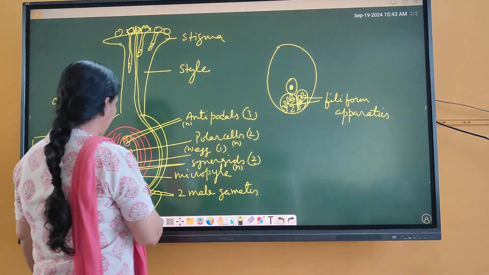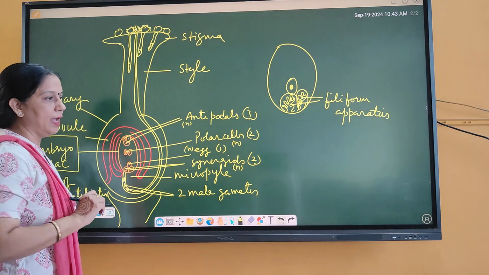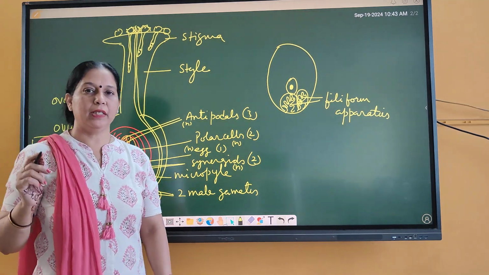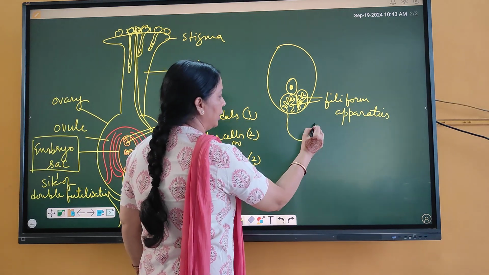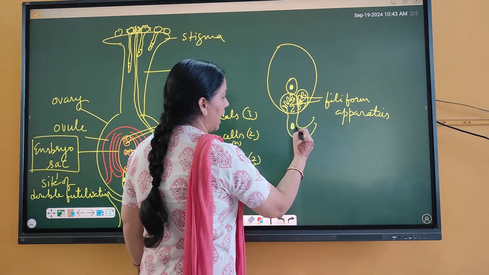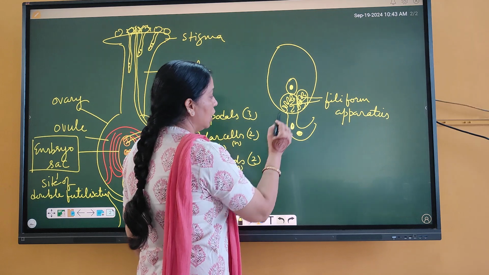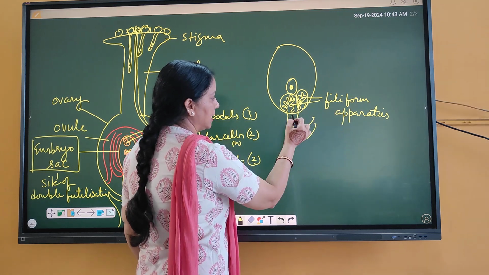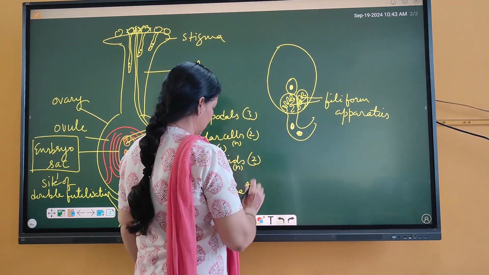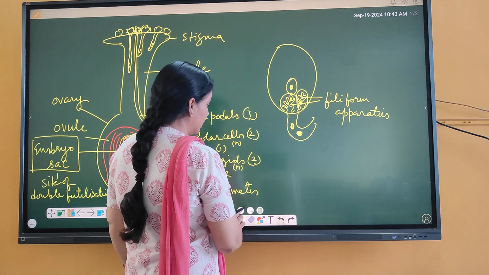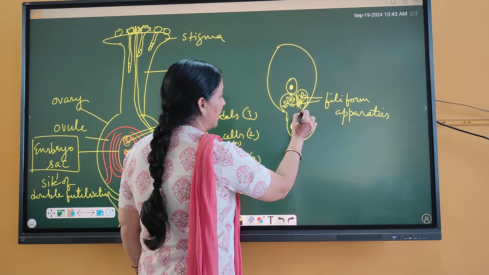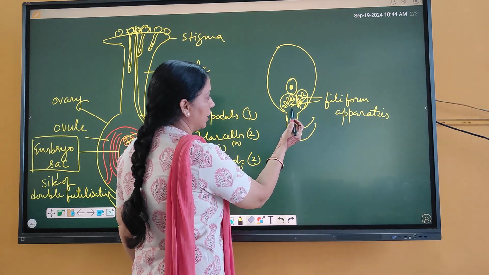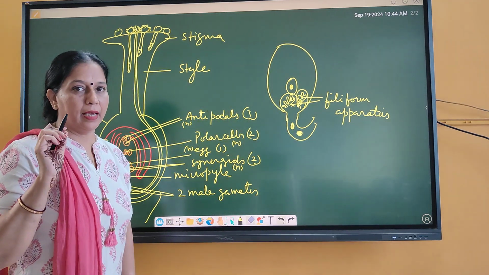When the pollen tube touches the wall of the embryo sac, the filiform apparatus secretes a chemical which dissolves this wall. So the pollen tube is taking entry from here, carrying 2 male gametes. This wall will get dissolved and make a pathway for the entry of both the male gametes.